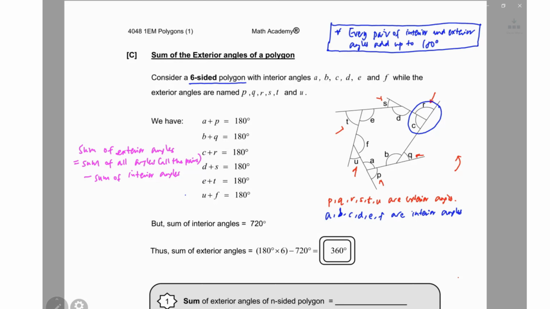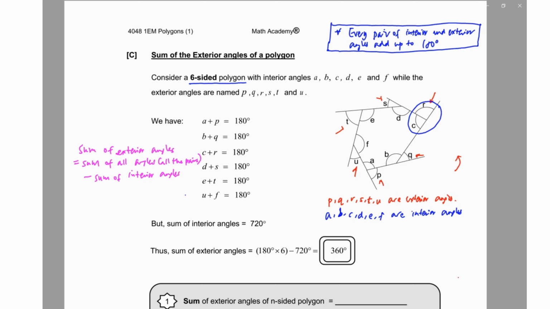Then you'll get your exterior angles. I repeat: you take all, meaning exterior plus interior, minus away all the interior, so you get all the exterior. This is the plan we will work with.